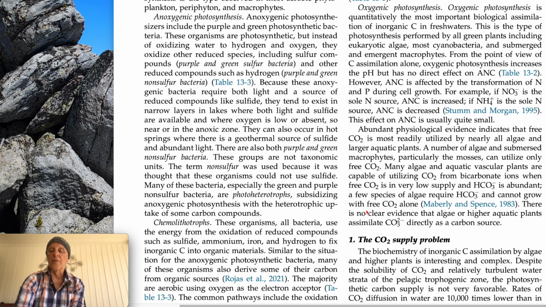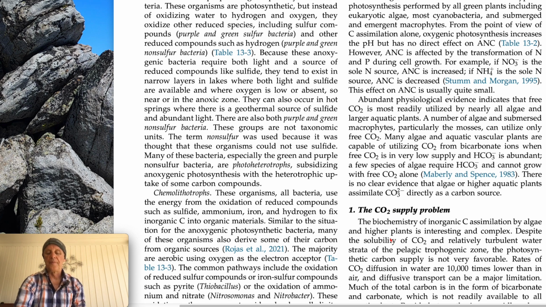Many algae and aquatic vascular plants are capable of utilizing CO2 from bicarbonate ions when free CO2 is in very low supply and bicarbonate is abundant. A few species of algae require bicarbonate and cannot grow with free CO2 alone. There is no clear evidence that algae or higher aquatic plants assimilate CO2 or carbonate directly as a carbon source.